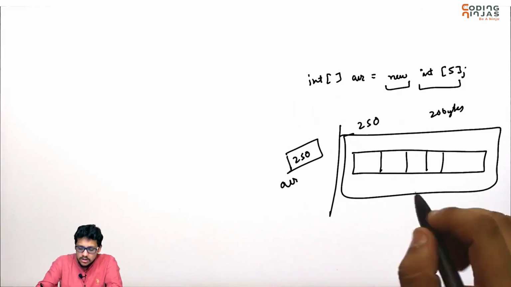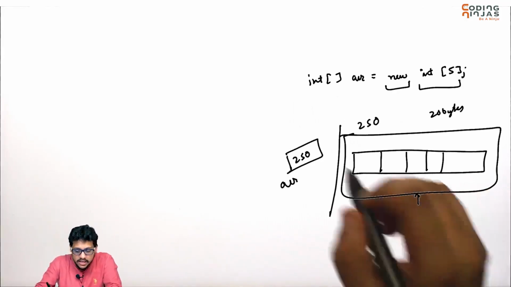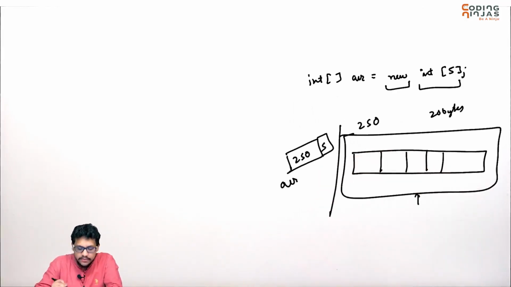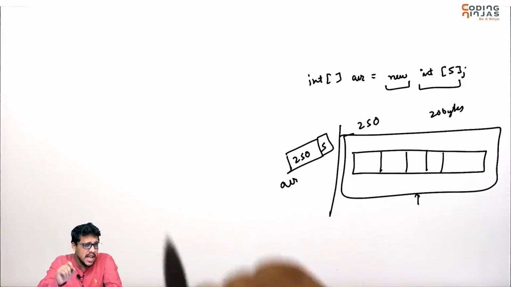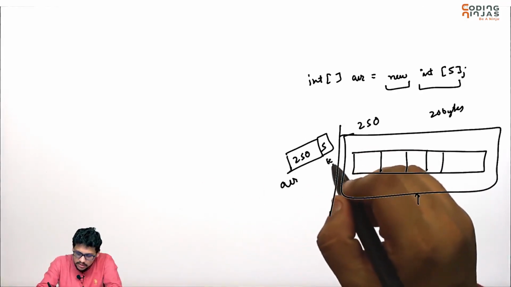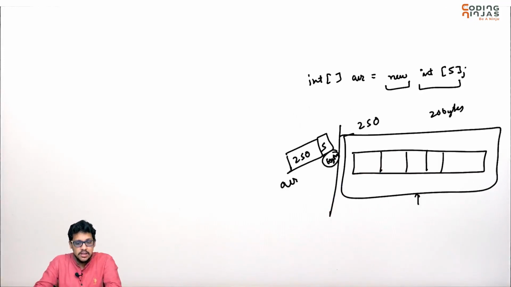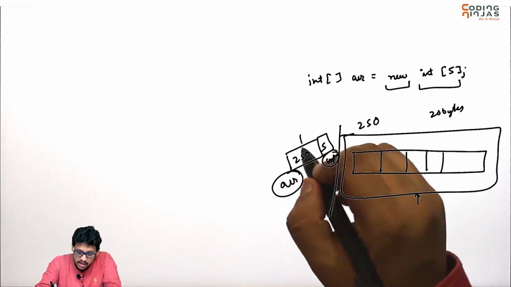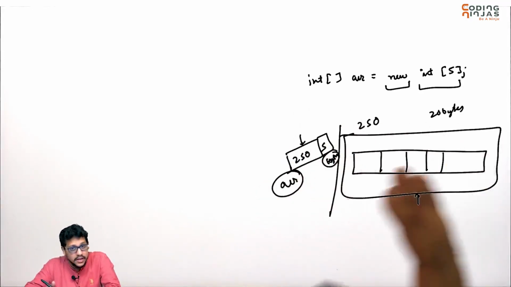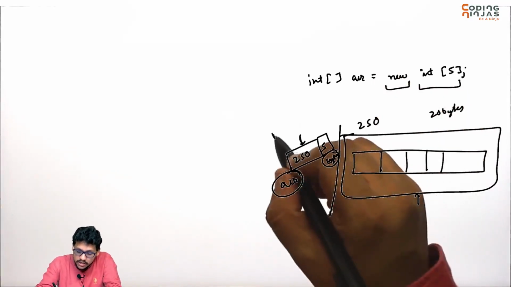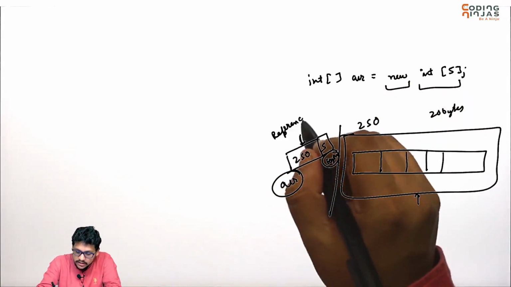And one thing more, the size of this array, that is 5. Like we write arr.length, that has been stored in the length property of arr, and arr actually stores 250, that is the reference of this array. So arr is not storing values, it's actually storing the reference or address.